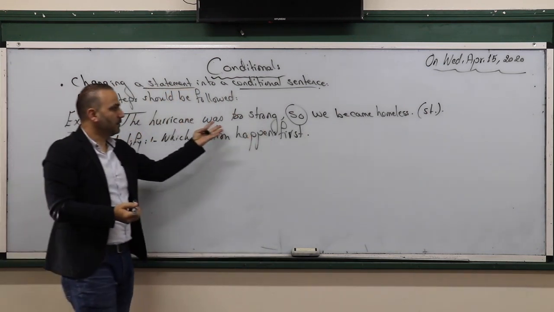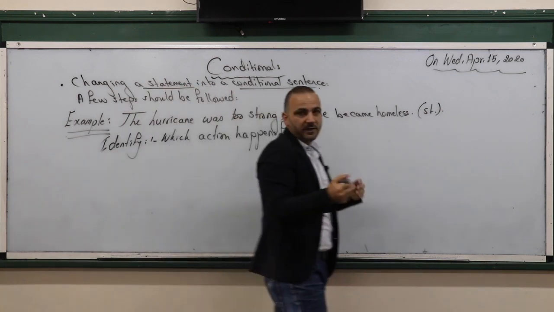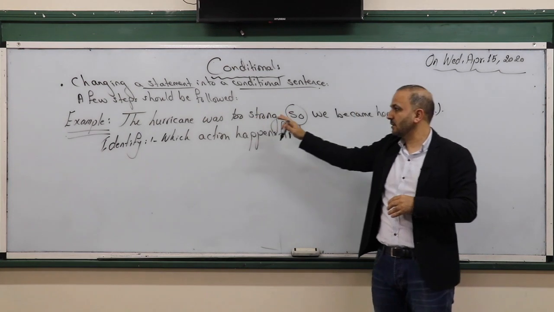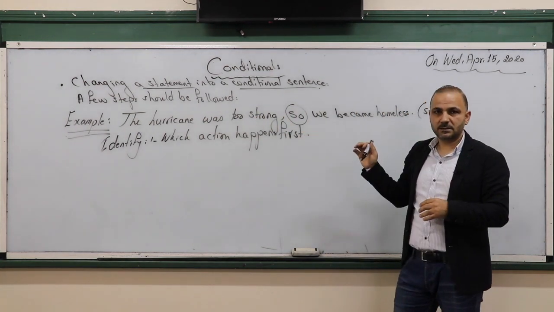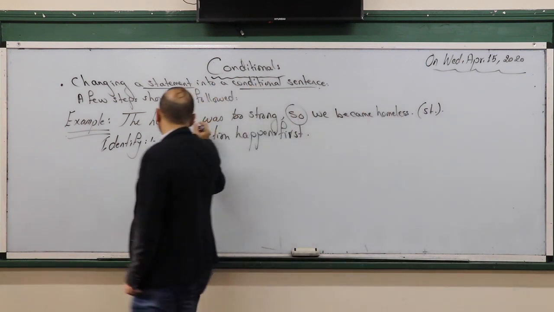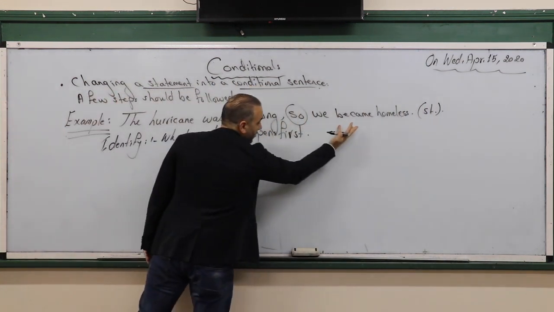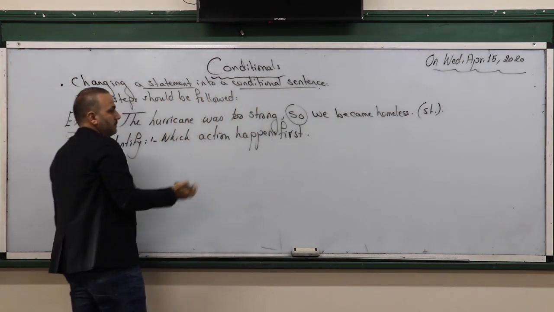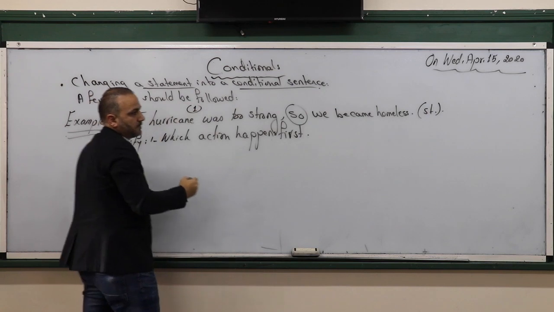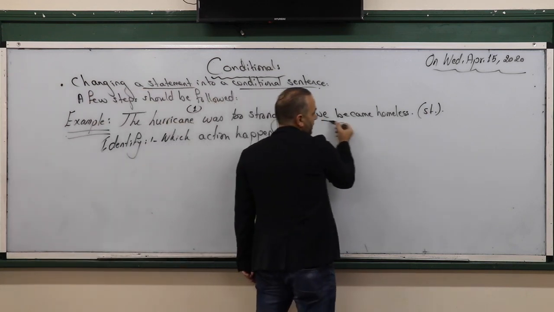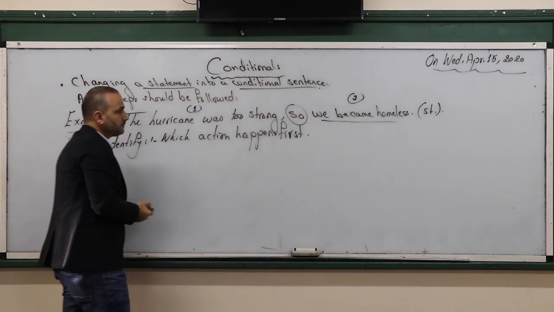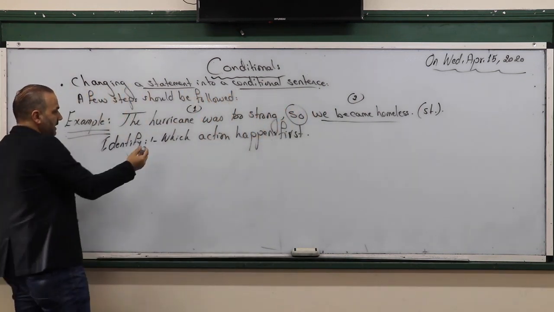The hurricane was strong, so we became homeless. As a result of the hurricane that was strong, we became homeless. The cause is the first action. Why did we become homeless? Because of this hurricane, which is the first action. The result of that action is that we became homeless. So that's the first step.